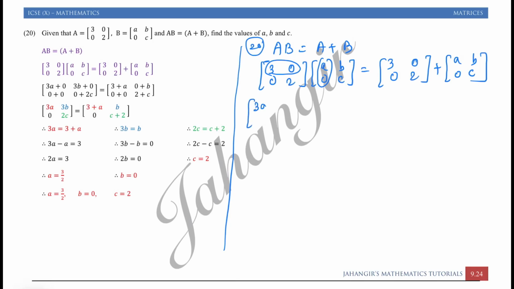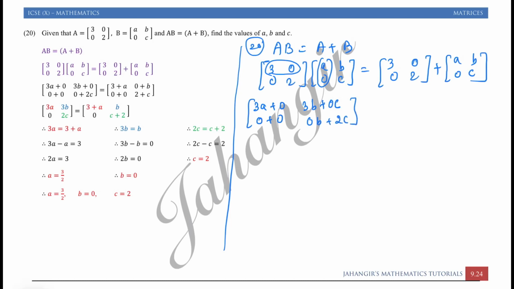3 into A is 3A plus 0. 0 into A is 0 plus 2 into 0 is 0. 3B plus 0C. 0B plus 2C.